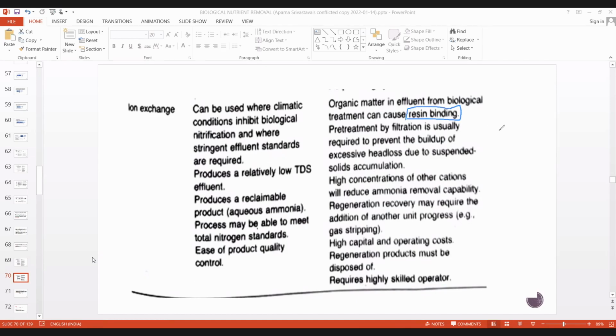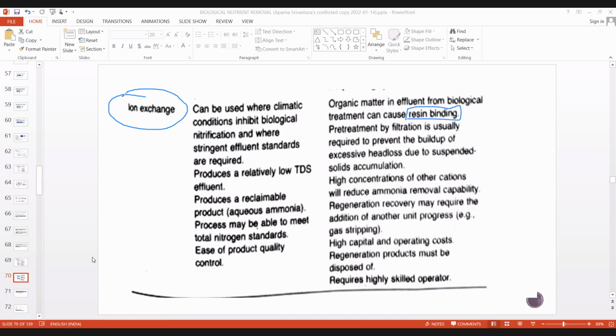This is the biggest problem. So resin, if it is inorganic components, because the ion exchange process is mostly used, its efficiency is going to be maximum when it is used for inorganic pollutant removal.